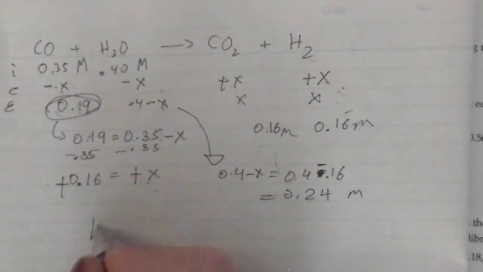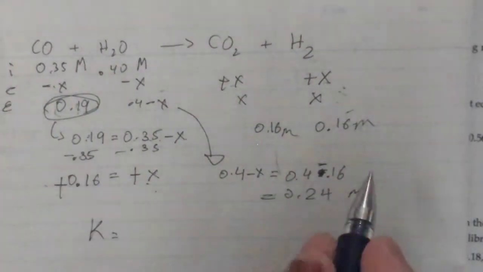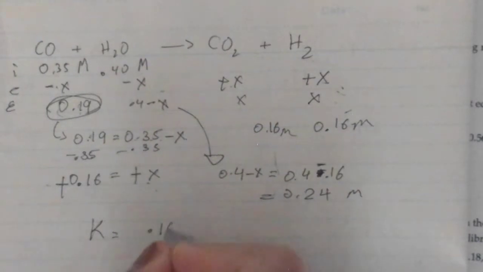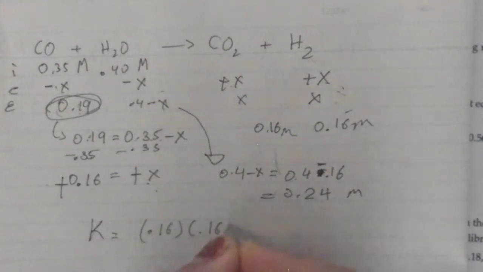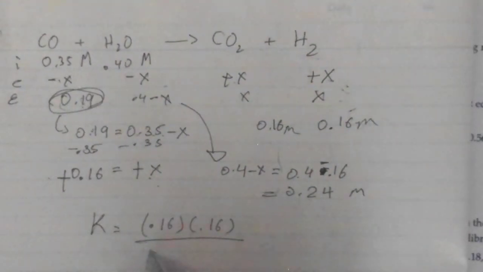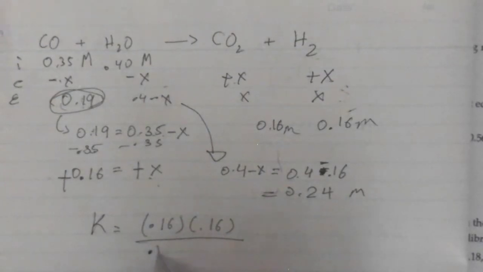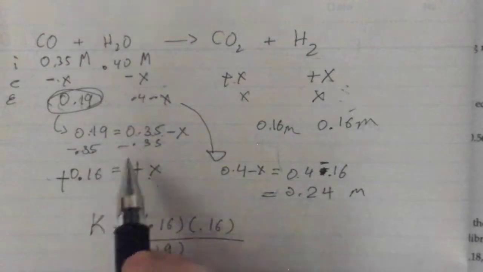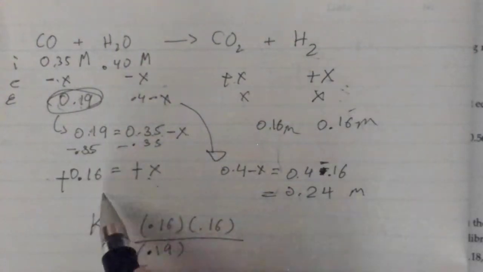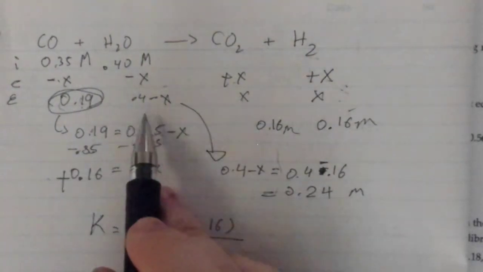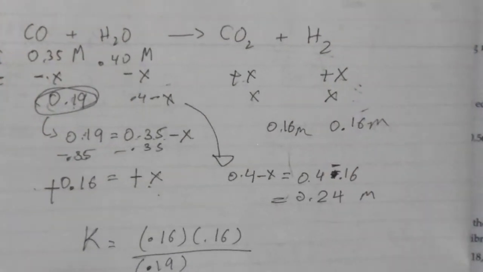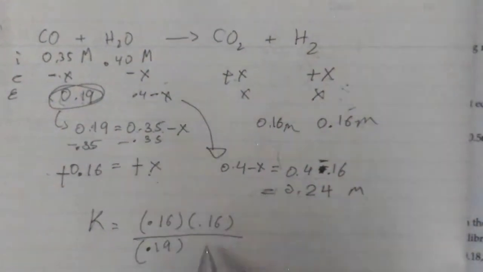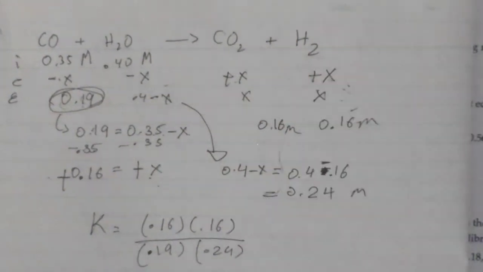To solve for K, easy: products over reactants. So 0.16 times 0.16 divided by 0.19. Notice it's 0.19, not 0.16. Notice this is not 0.4, this is actually 0.24. You're going to solve for this.